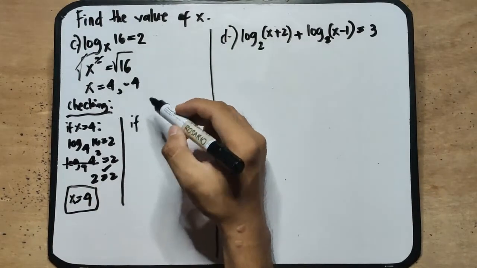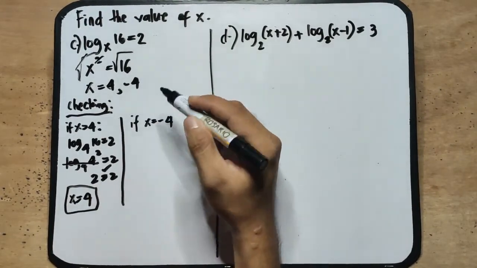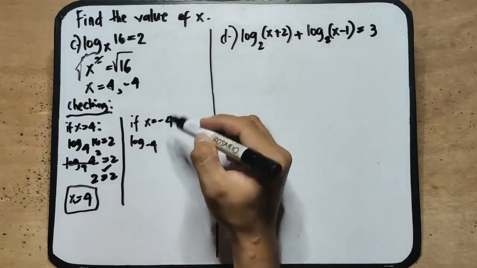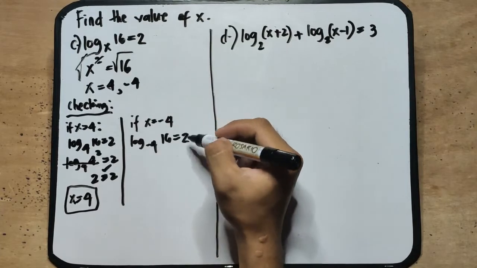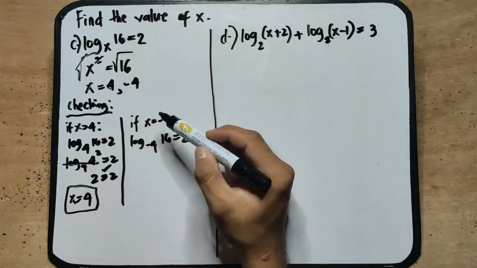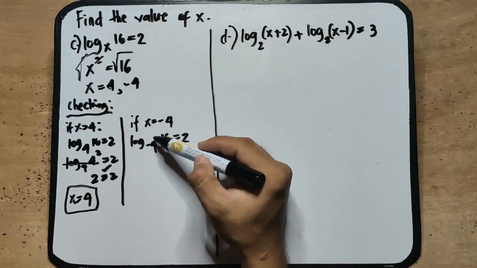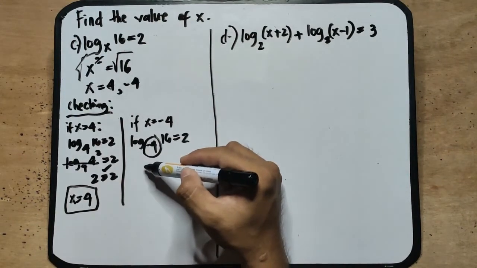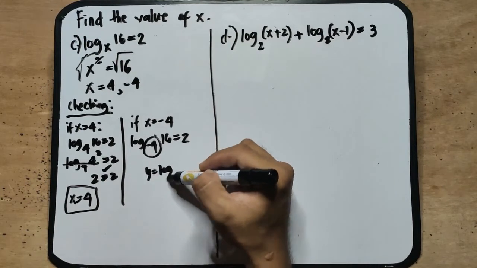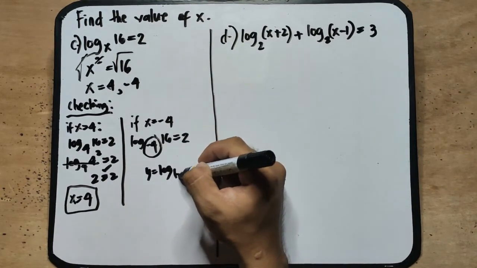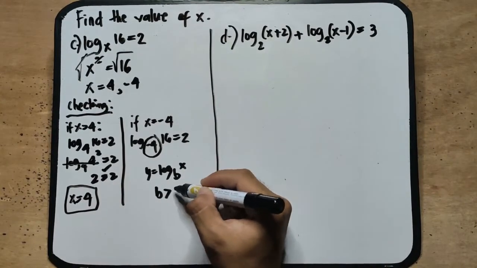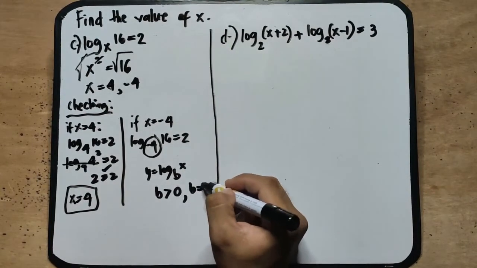So the second value, if x is equal to negative 4, then we have log base negative 4 of 16 is equal to 2. So since nakita natin na negative yung base na to, sa form na y is equal to log base b of x, sinasabi natin doon na si b ay greater than 0 at hindi siya pwedeng mag-equal kay 1.